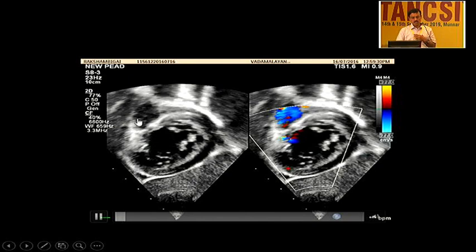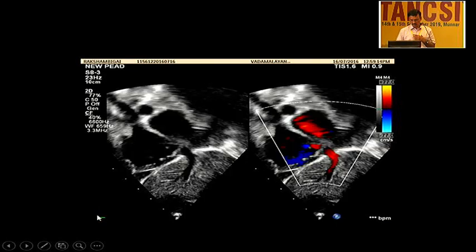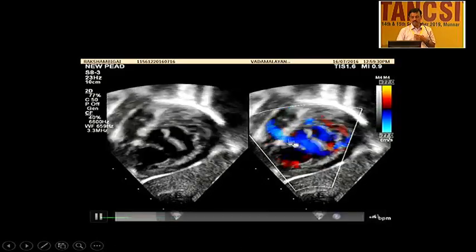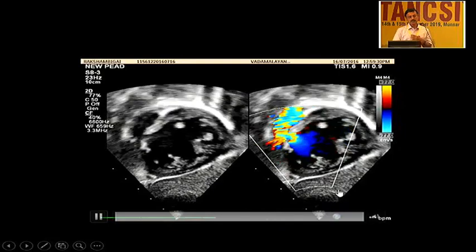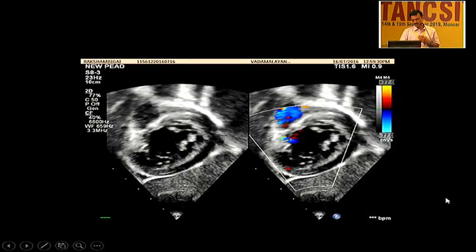And the communication between the small right ventricle and the large left ventricle is very restrictive. Can you see that? Because it's very restrictive, this is preventing the pulmonary blood flow from being flooded, and hence this is clinically behaving like a tetralogy of Fallot.